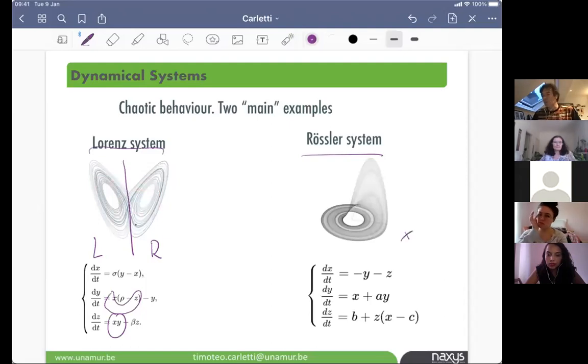So X is positive, Y is positive, and Z is positive. So they can really represent, say, real stuff. Whereas in the Lorentz system, you pass through negative values. So you cannot use the Lorentz system to study, I don't know, ecology, for instance.